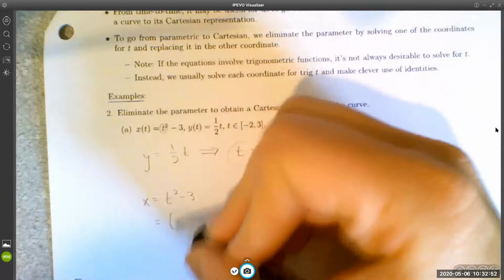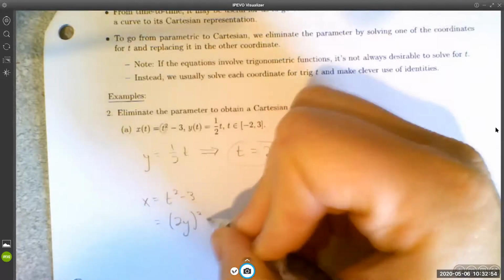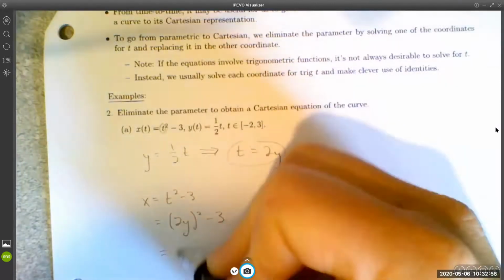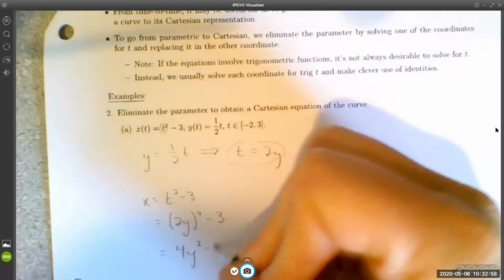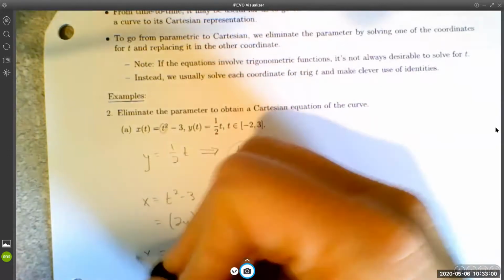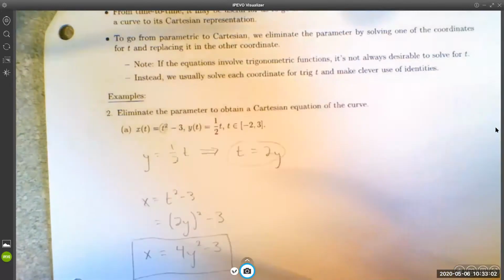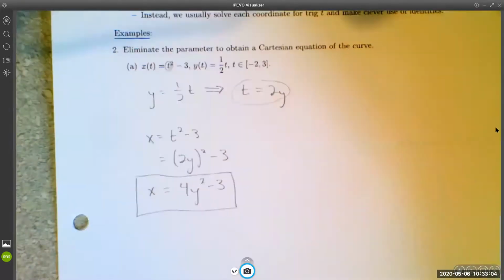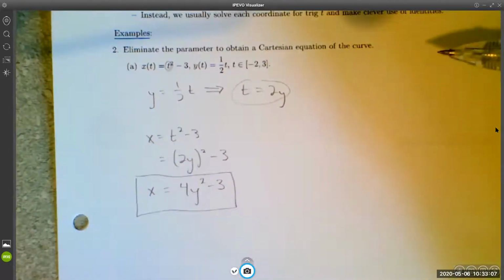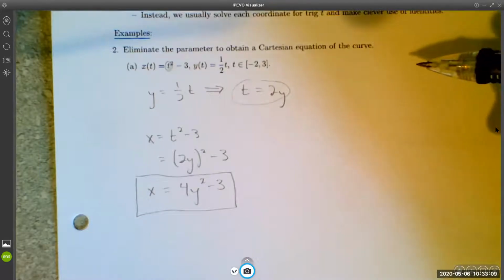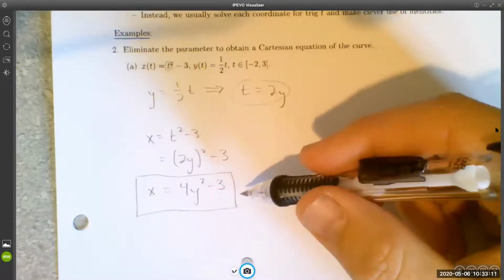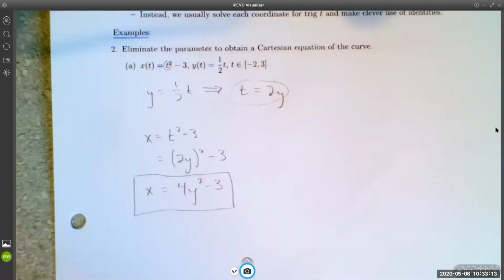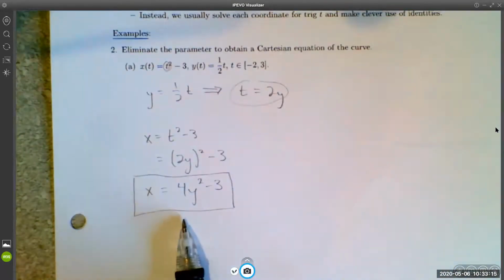So this is just 2y squared minus 3. That's 4y squared minus 3. And there you go, there is our rectangular equation. And you can see that it is, in fact, a parabola.